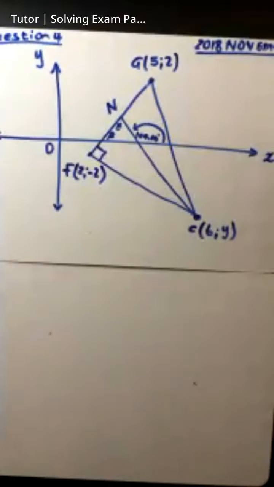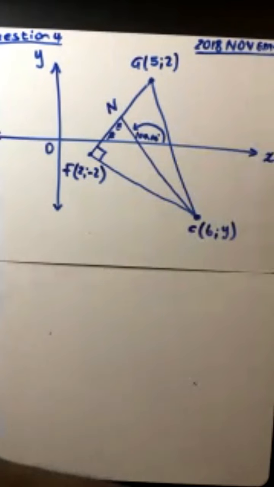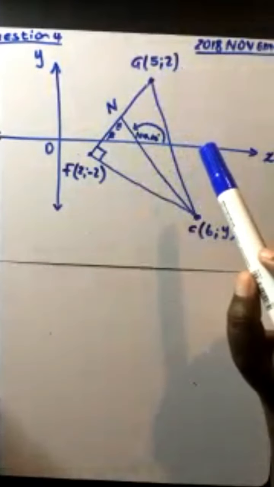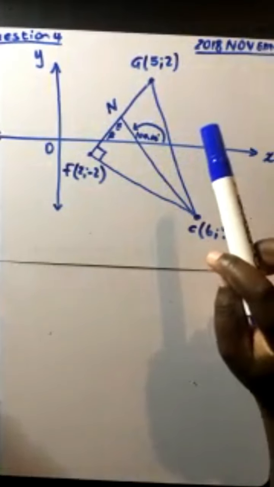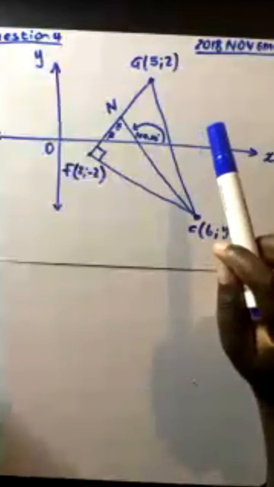Okay, great. So the statement continues to say N is a point on FG. So where's N? There's N. They say it's a point on FG. Where's FG? There's FG. So they say such that the angle of inclination of NC is 104.04 degrees.